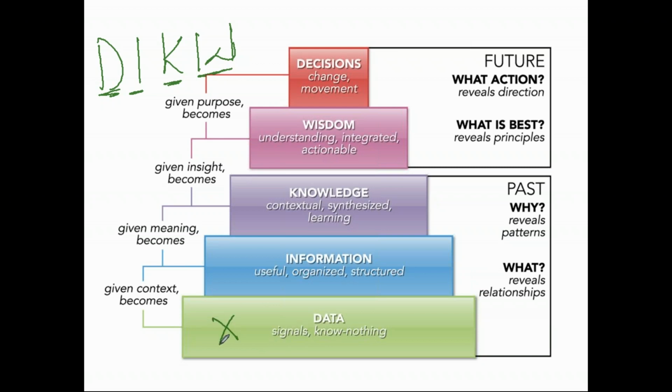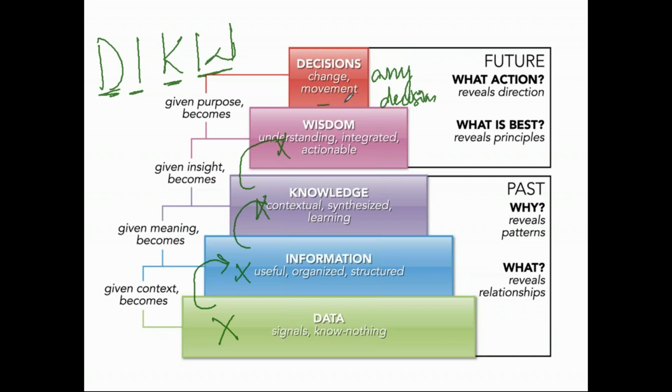Imagine if there is no data, we can never get information. Without information, we will not have knowledge. Without knowledge, there is no wisdom. And without wisdom, we will not be able to make any decision.